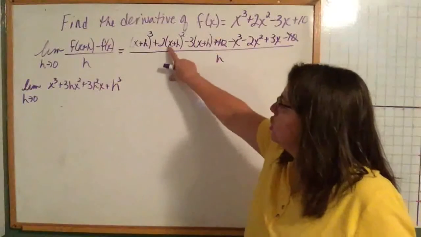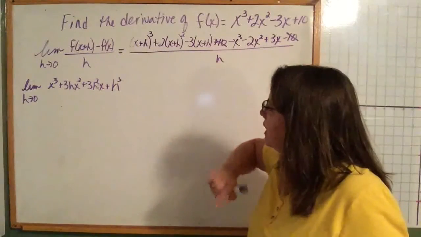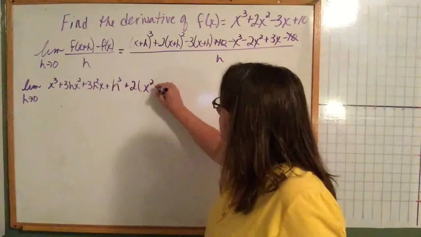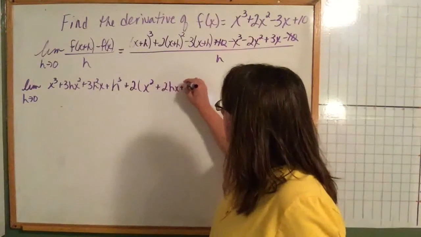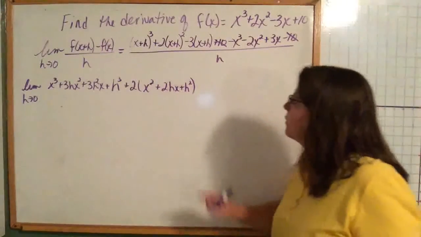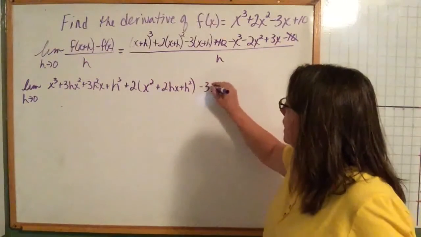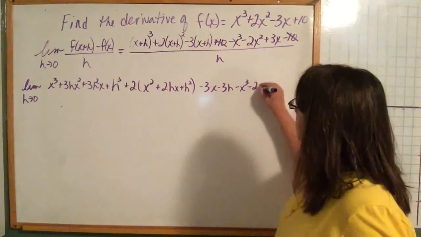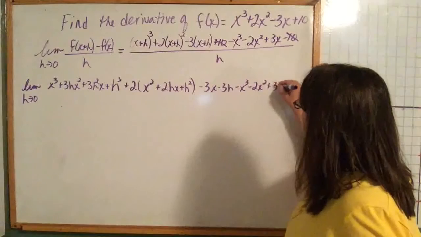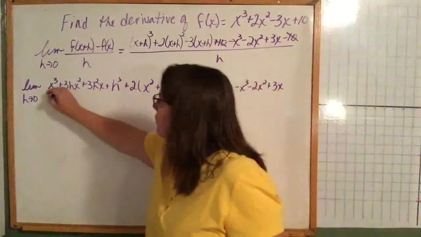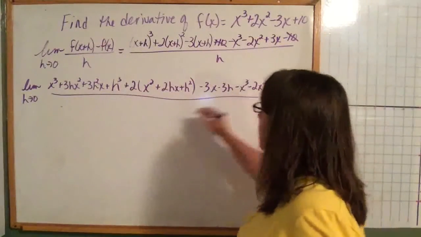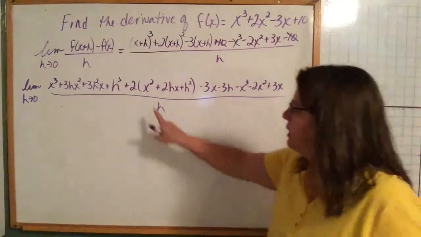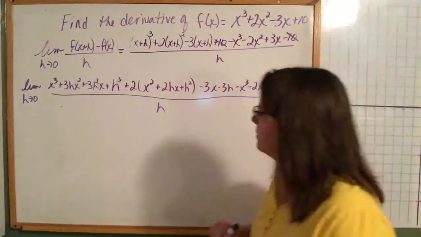And now I need to square the x plus h, so I'm going to FOIL that. So I've got plus 2, and then I've got x squared plus 2hx plus h squared. I'm going to distribute the 3, so that's minus 3x minus 3h minus x cubed minus 2x squared plus 3x. And that is all over h. Okay? Then, hopefully you notice we still have to distribute the 2.